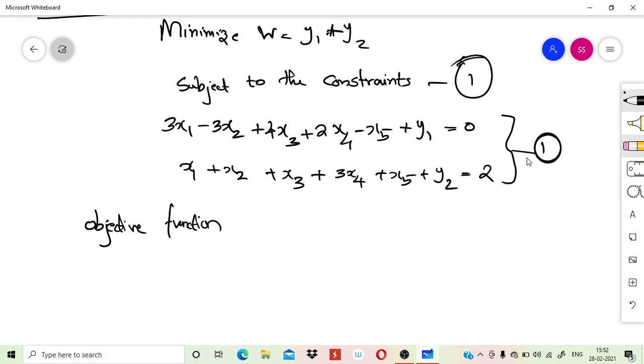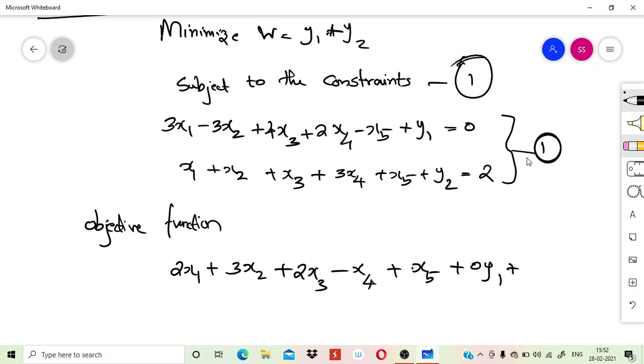So that will be like this: 2x1 plus x2 plus 2x3 minus x4 plus x5, plus 0 y1 plus 0 y2 plus minus f equal to 0.